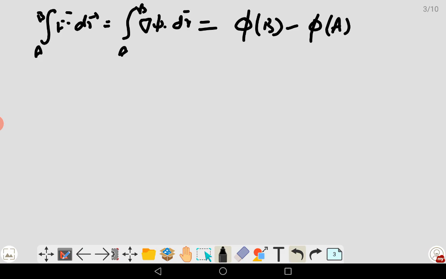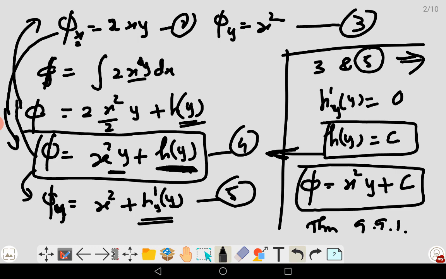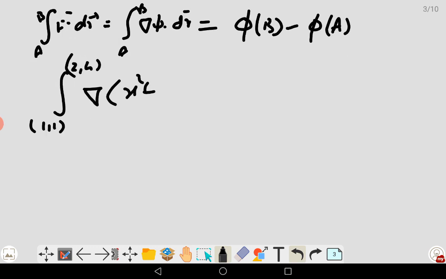For the integration I am repeating here: integral from (1, 1) to (2, 4) of del of our phi. What is the phi we have found? x square y plus c. So this is phi with the upper limit. c remains c, isn't it?